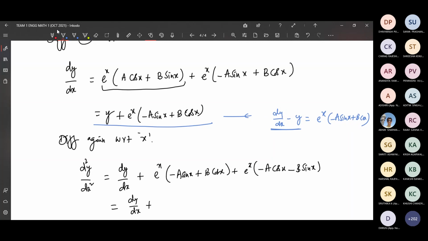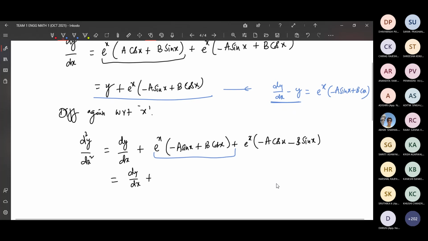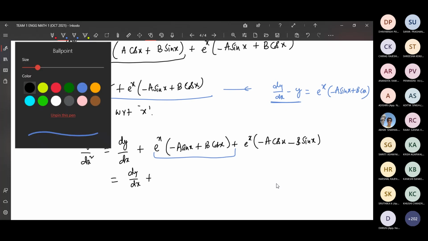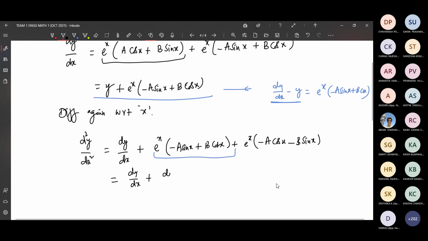So therefore I can always replace this part with dy by dx minus y, and the other part, taking minus outside, is e power x into a cos x plus b sin x, that is minus y just.